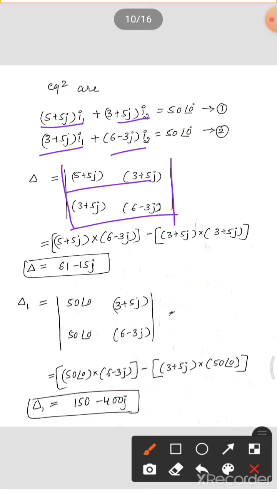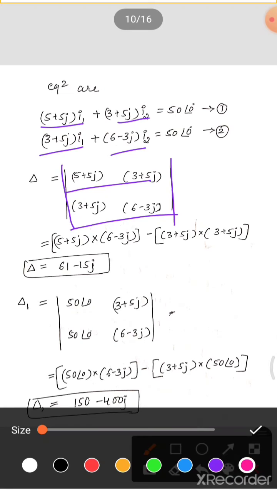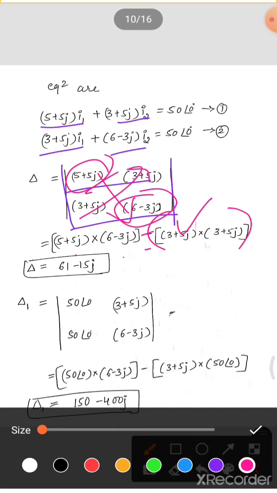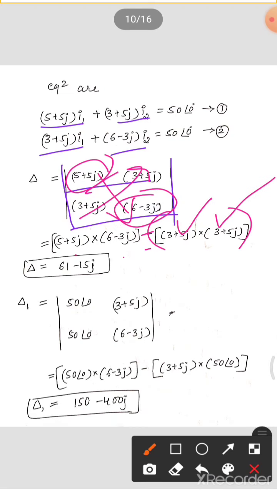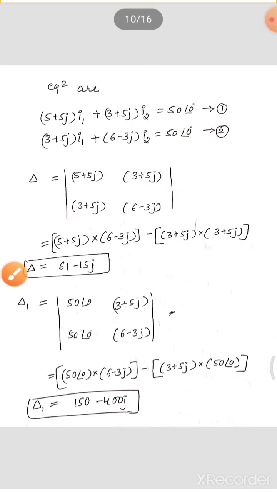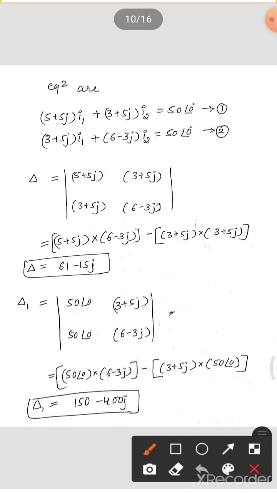Determinant is this into this minus this into this, which is (5 plus 5j) into (6 minus 3j) minus, taking another bracket, (3 plus 5j) into (3 plus 5j). While calculating, be careful in the calci. Remember how many brackets you have to enter.